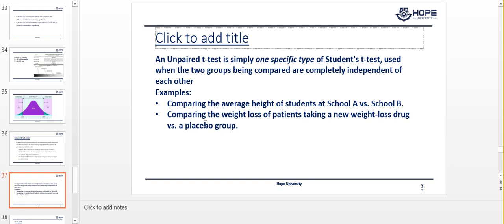Placebo means a non-effective drug, like water for injection. That means we know that water for injection cannot produce any effect or any side effect in the patient.